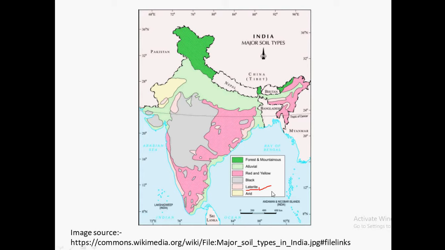Laterite soils are found in those regions which receive very high rainfall. As we know, Meghalaya receives the highest rainfall in India. So Meghalaya is the region where laterite soils are found.